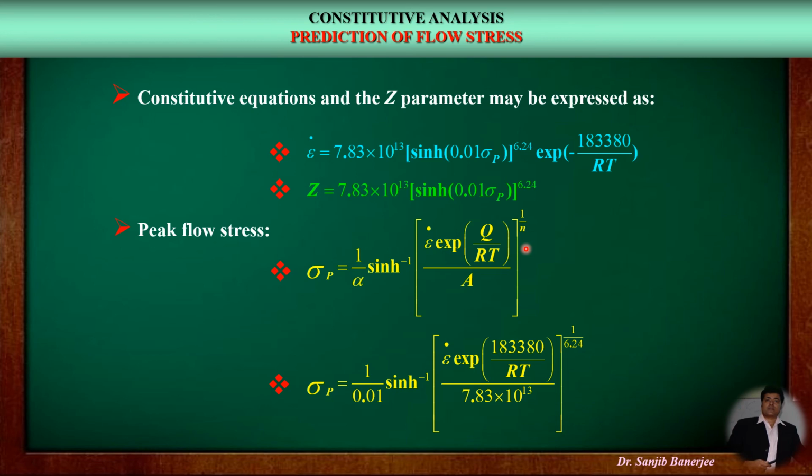So finally we get the expression for peak flow stress in terms of only the strain rate, epsilon dot, and deformation temperature, T. So for different values of strain rate and temperature, if we substitute the values of epsilon dot and T, we can evaluate and predict the values of peak flow stress sigma p. Thus, the flow stress can be modeled and predicted in terms of the strain rate and temperature by means of the constitutive analysis.